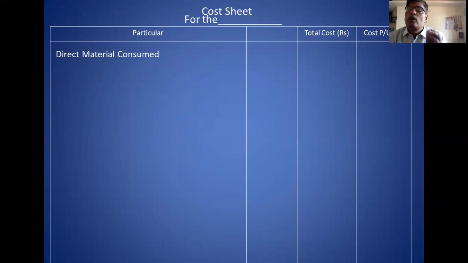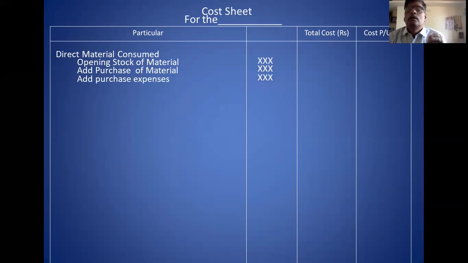These 5 items you have to take first. First is opening stock, second is purchase of raw material, third is purchase expense. Along with these three you have to take another two, that are material received from store and material received from other departments, direct material. You take these 5 items, then take the total.